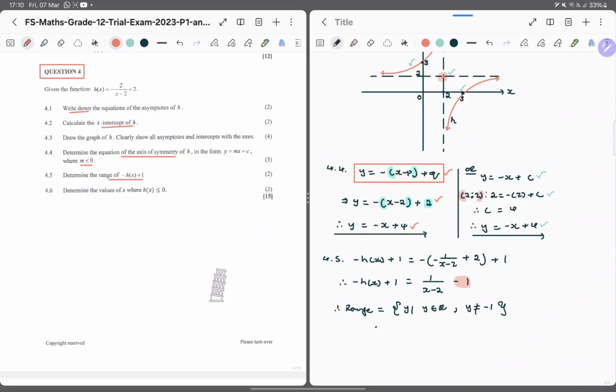Or one can write the interval notation that essentially y is an element of, we write negative infinity going up to minus 1. That bracket is written like that, and then you union it with a round bracket again going to positive infinity. In fact, I made an error here.